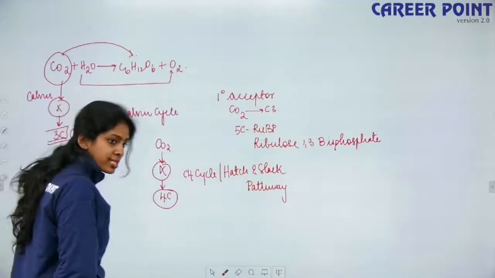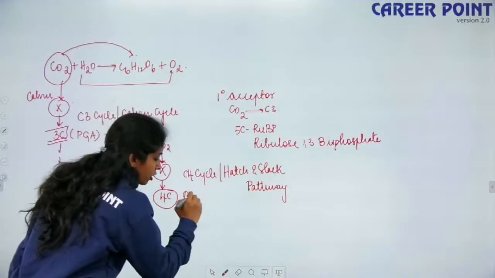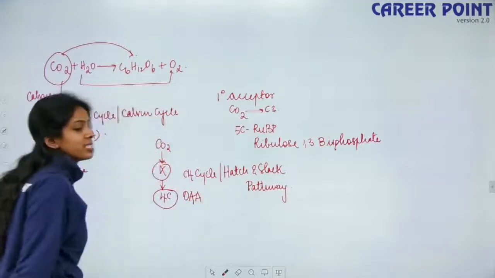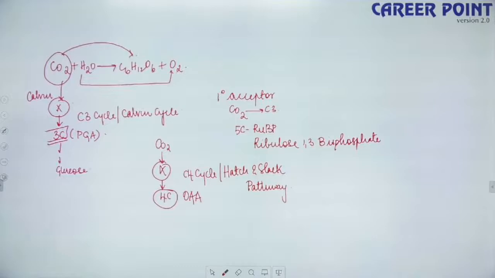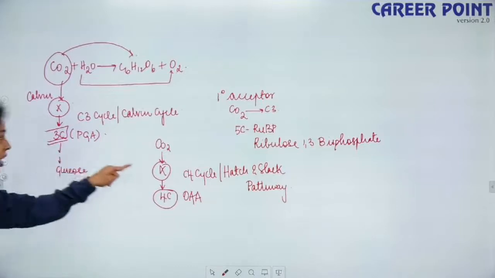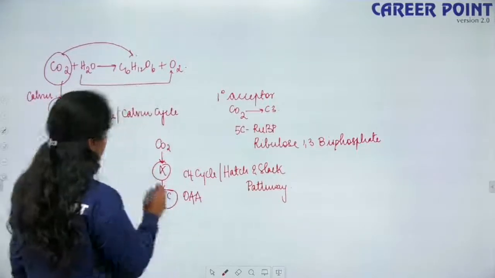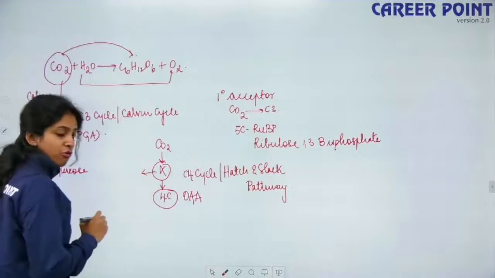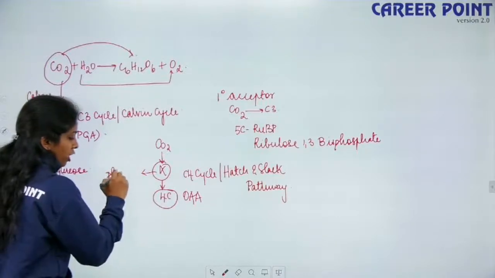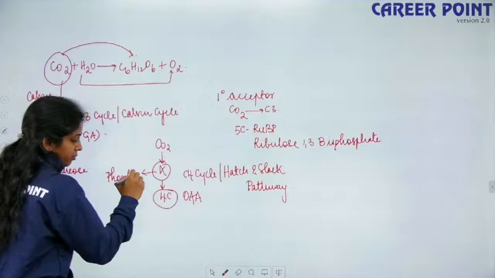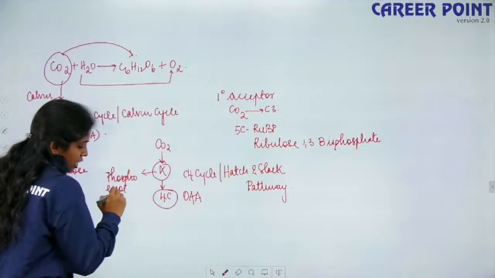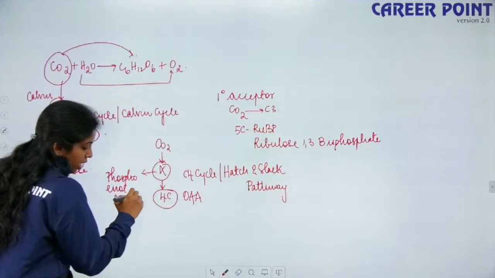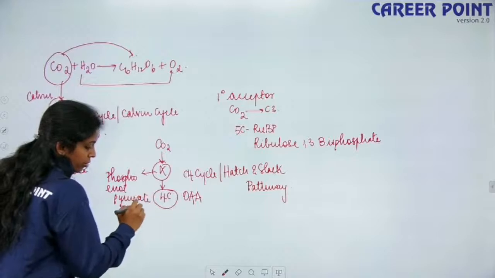This stable 4-carbon compound is oxaloacetic acid. We write it like this. So who is the acceptor here? The acceptor in the case of your C4 plant is phosphoenol pyruvate, which is also a 3-carbon compound.